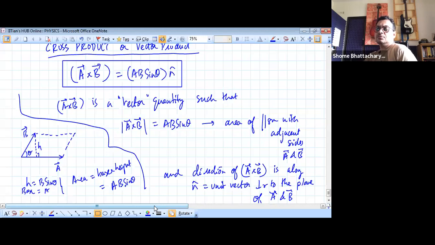Triangle inequality is very simple. It just states that the magnitude of the sum of two vectors cannot be larger than the sum of their magnitudes. Okay. So if one vector has a magnitude of 5 and another vector has a magnitude of 10, then mod of A plus B cannot be larger than 15. That is the triangle inequality part.